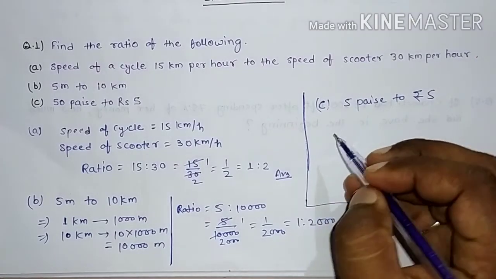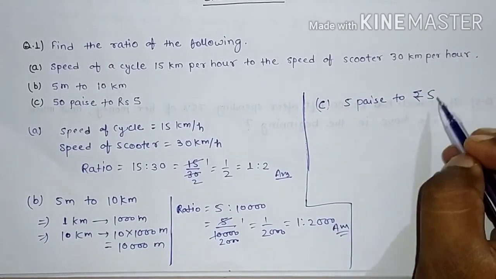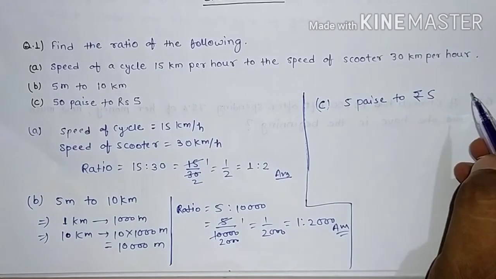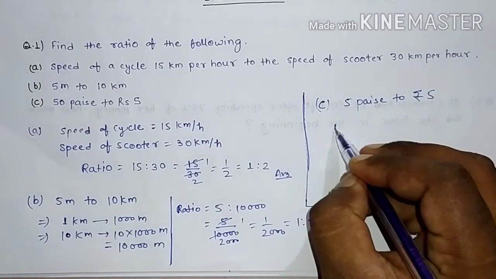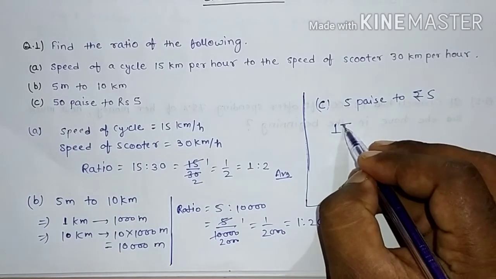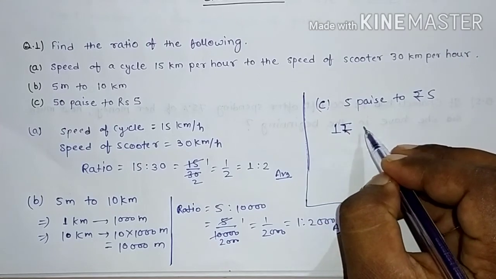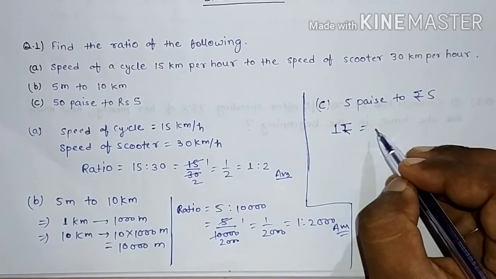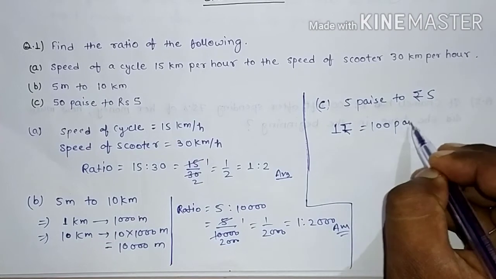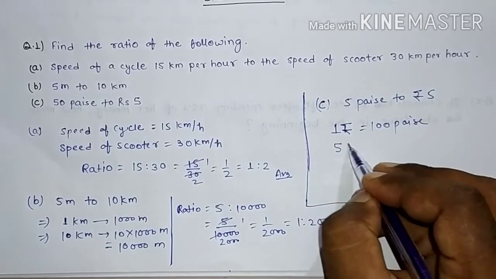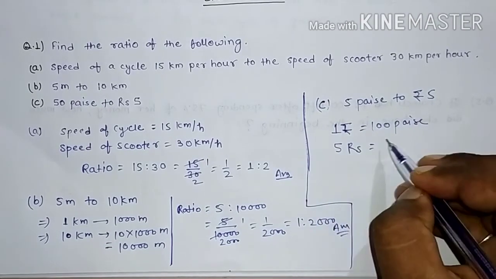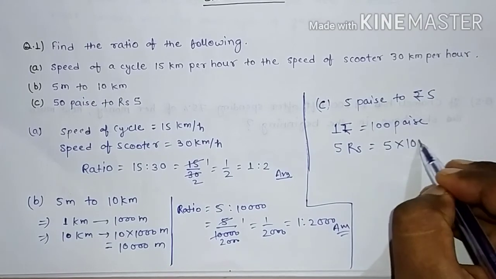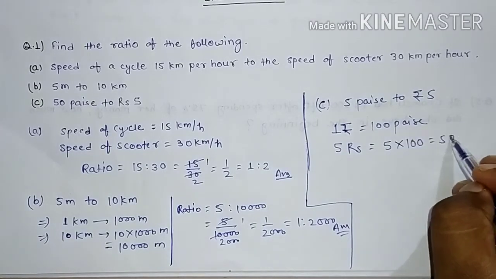Here again we have to convert 5 rupees into paise. So we know that 1 rupee equals 100 paise. So 5 rupees equals 5 into 100, which equals 500 paise.